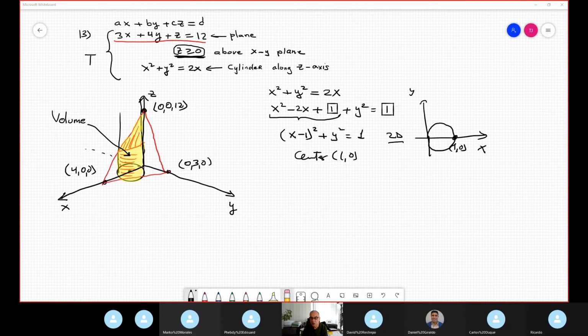If you apply a triple integral to compute the volume, what is the supposition that you are doing?